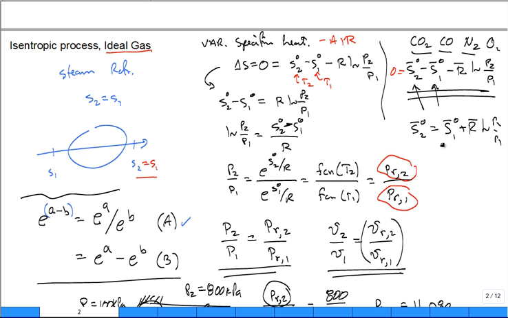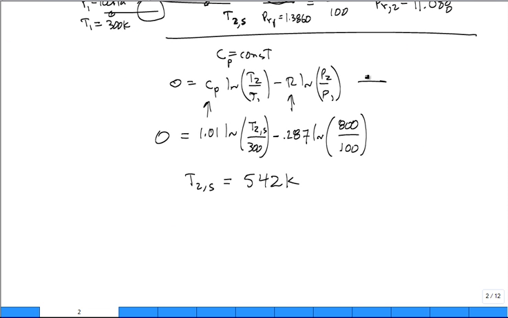You would look this up as a function of inlet temperature given the pressure ratio, calculate it, get a value of s2 naught, and then go into the table and interpolate to get the exit temperature T2. Or just use an equation like this where you're using a constant specific heat for that gas of interest.